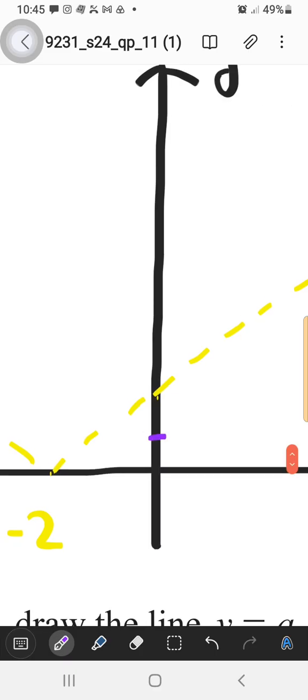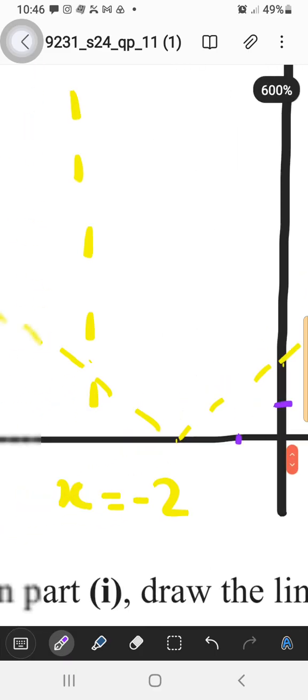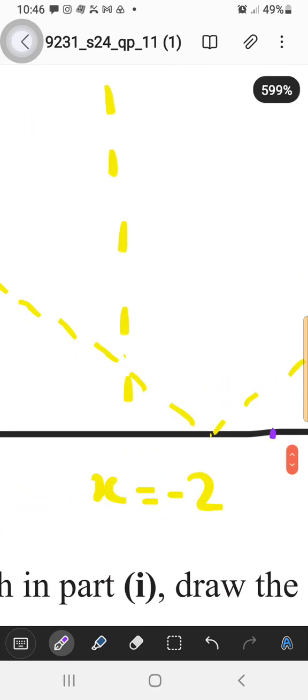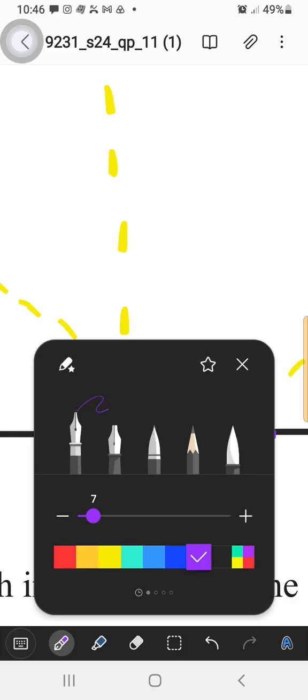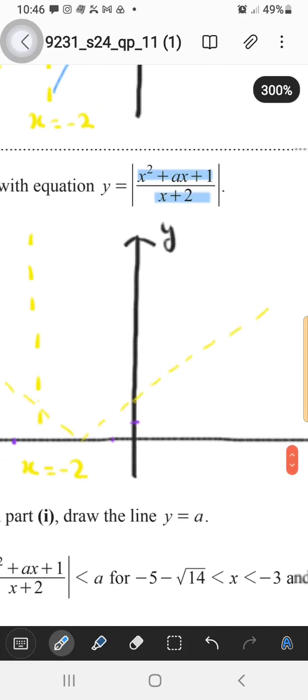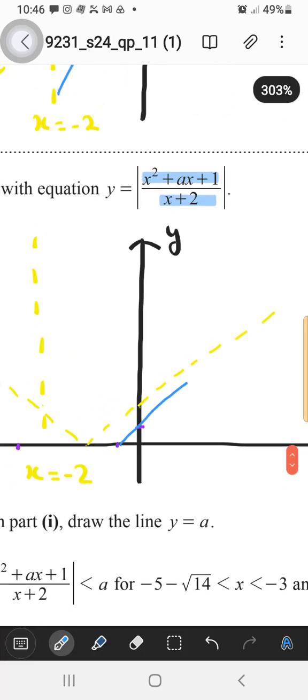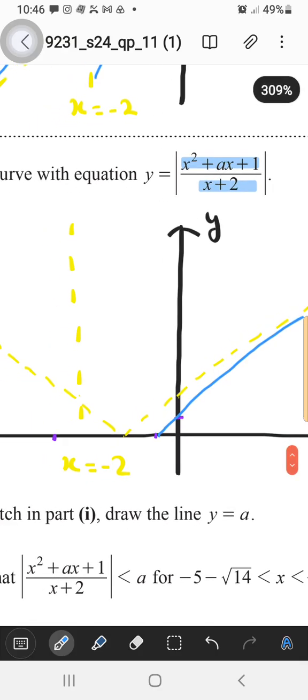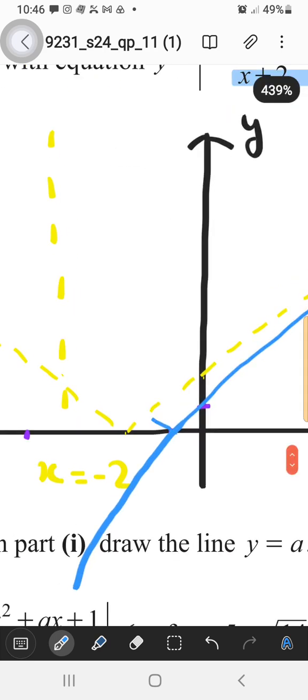The y-intercept will be here, the x-intercept will be here, and wait for a bit. That will be here. Now let's sketch. This was already in the previous curve. Now this region, which was this, got reflected here.